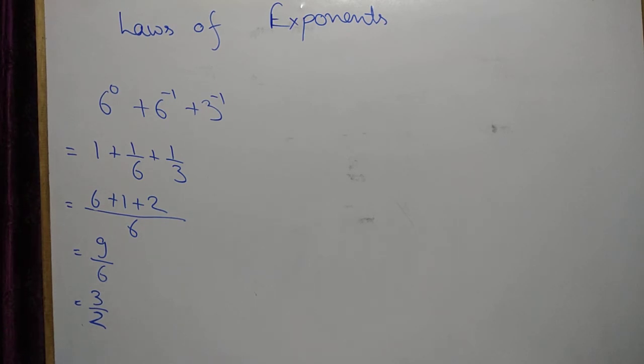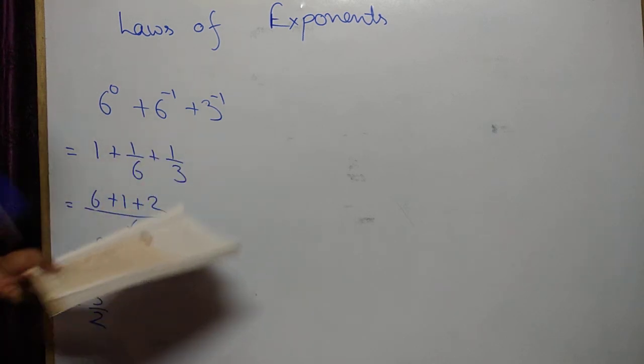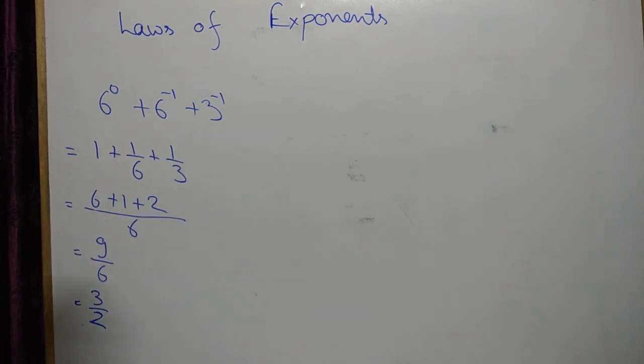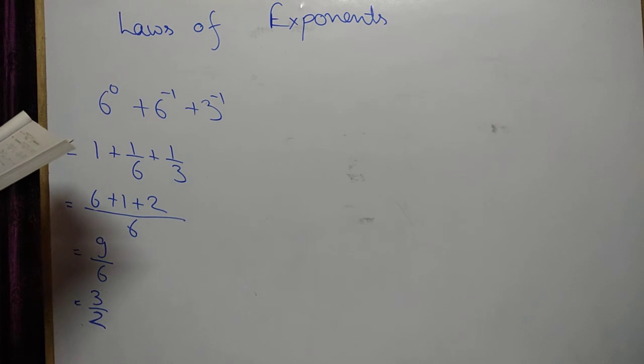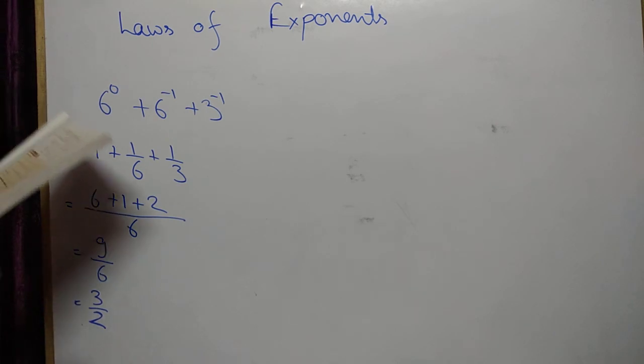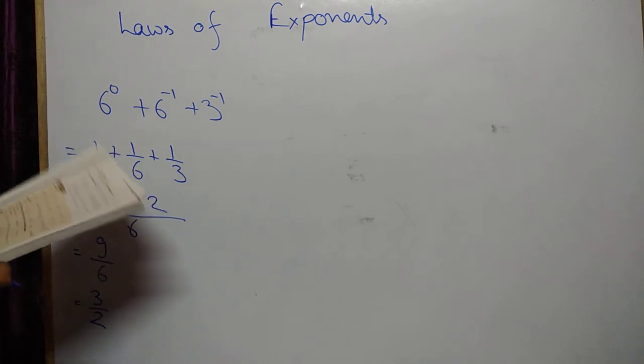I hope you can easily solve all these questions. Now I am going to solve one simplified type of question, question number 4, so that you can easily understand how to solve.